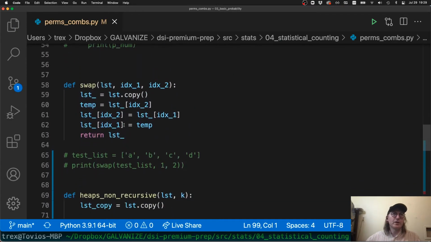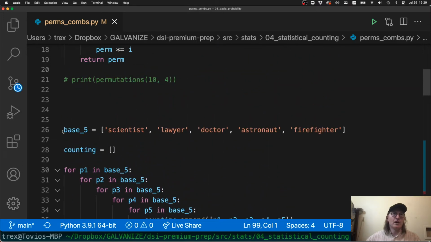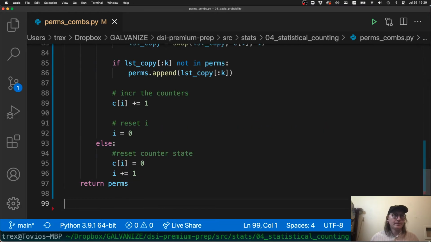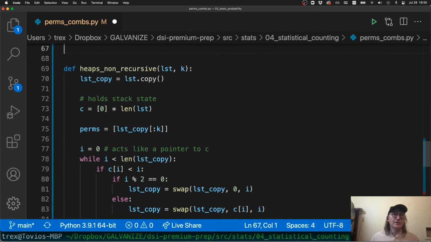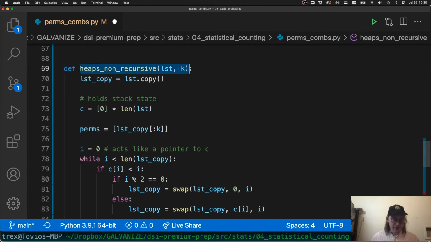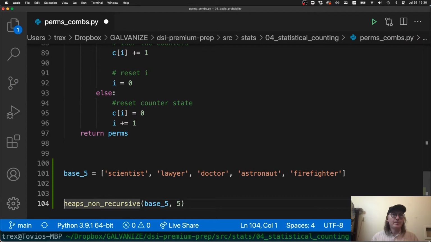Let me make sure this is doing what we expect it to do, and let's use our same base 5 here. So what is this called? Heaps non-recursive. And let's pass in base 5, and let's look at 5 of them.